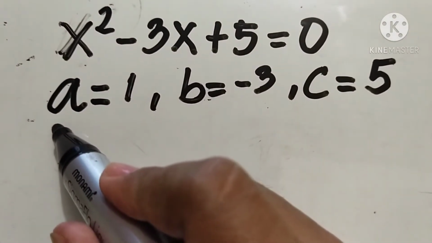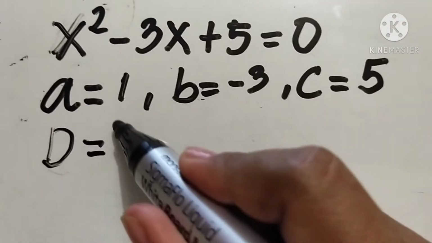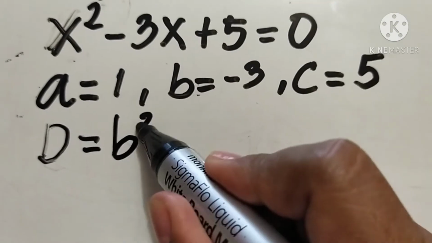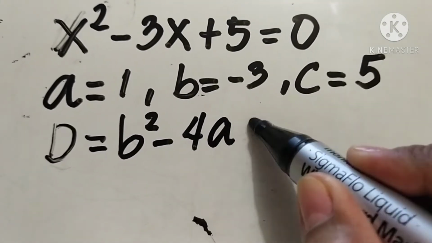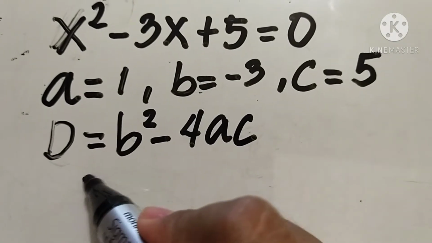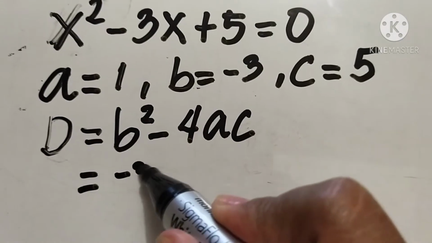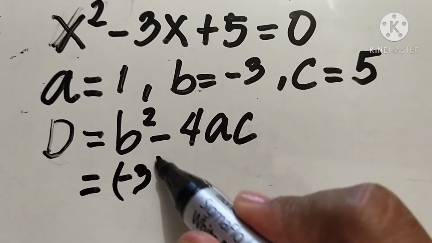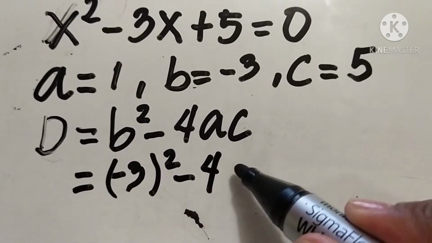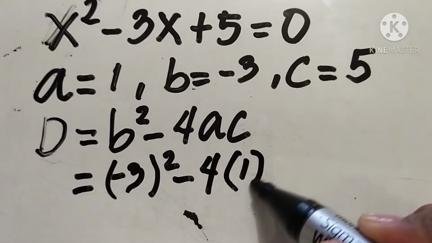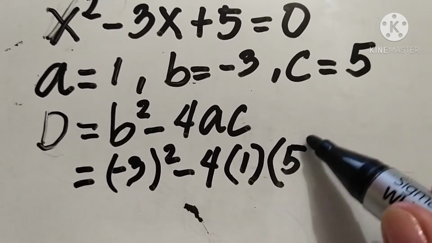Our discriminant formula we have here, D equals b squared minus 4ac. Your b is negative 3, so we have negative 3 squared minus 4. Your a is 1, times 1. Your c is 5, times 5.